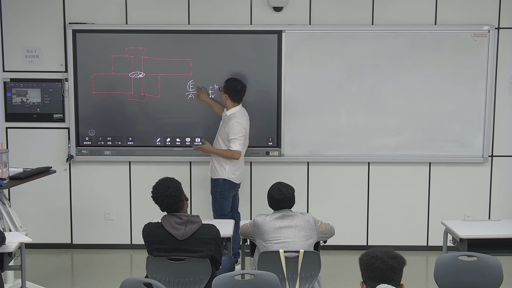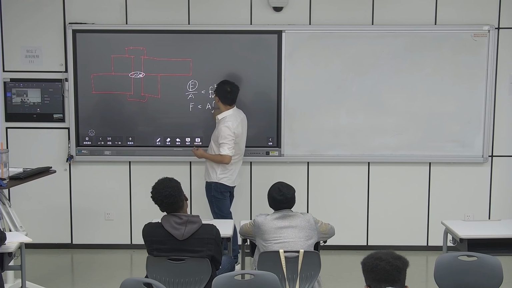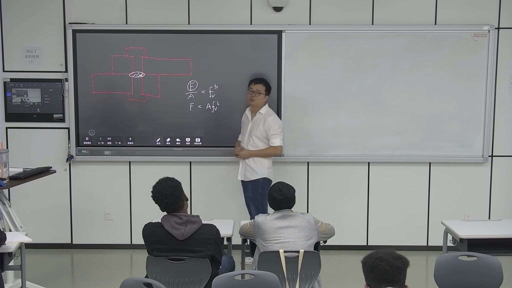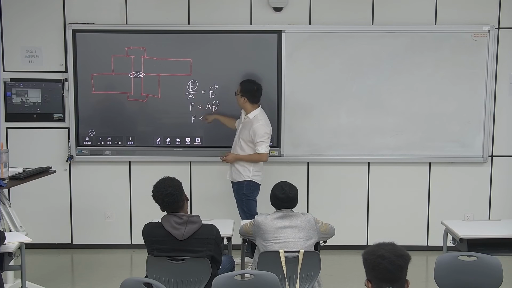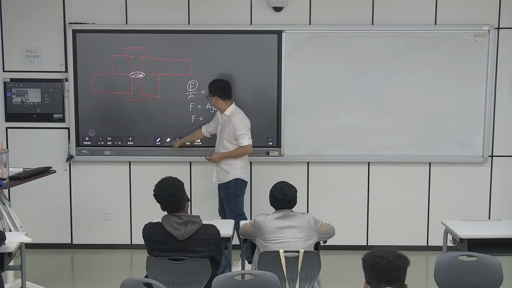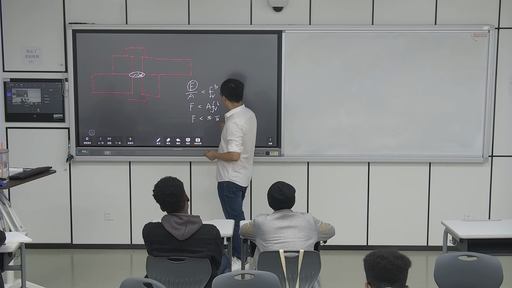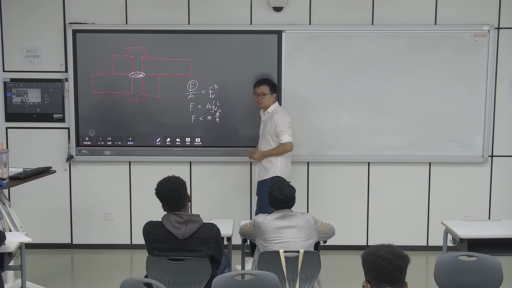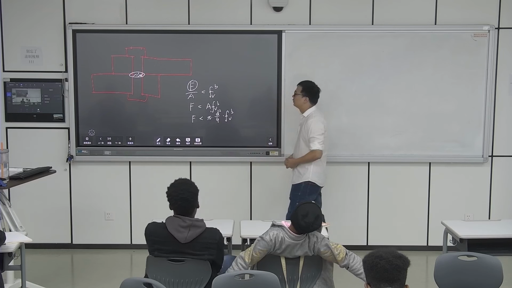So for a single bolt, F will be smaller than A times FVB. Here you can understand. And then F should be smaller than A, equal to pi d squared over 4, times FVB. Is it right?